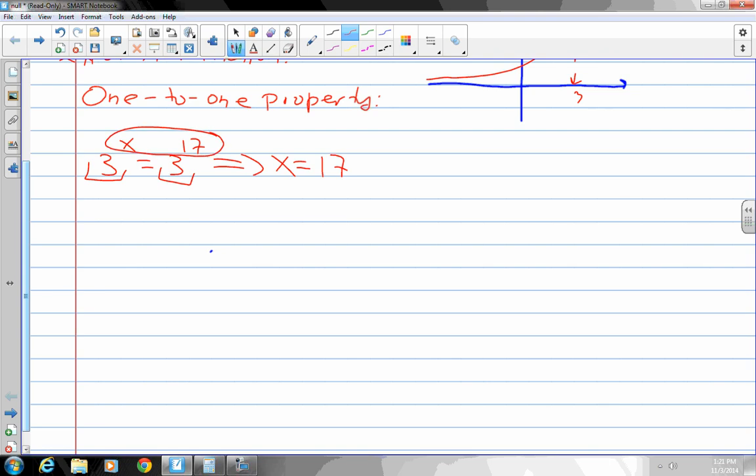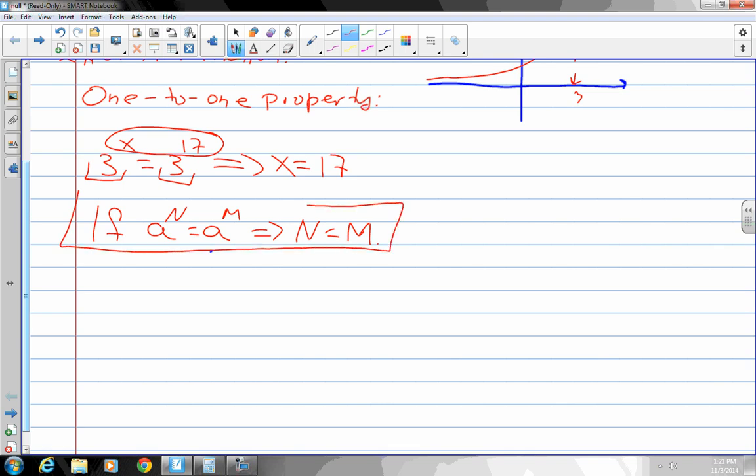So we'll call it the one-to-one property. If a to the power n equals a to the power m, then n equals m. Basically a definition of a one-to-one function, one way or the other. How is that? Does that make sense?